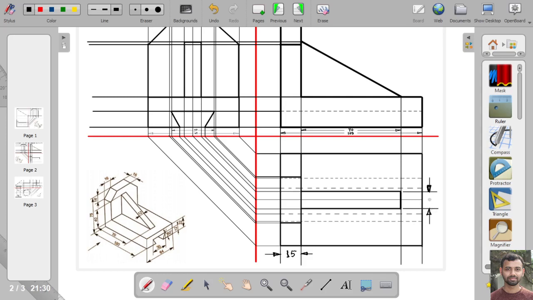Okay, so the dimension is 20 mm. Okay, so this dimension is completed.